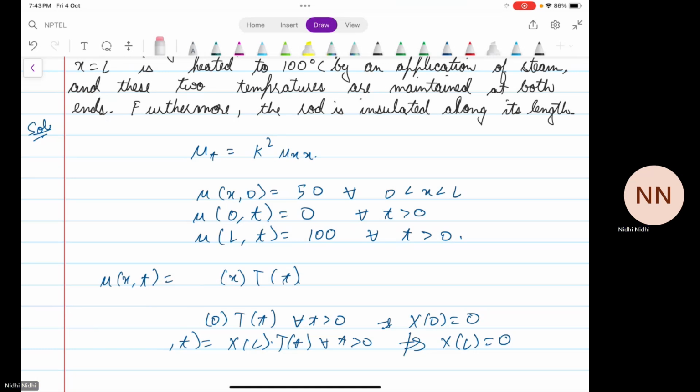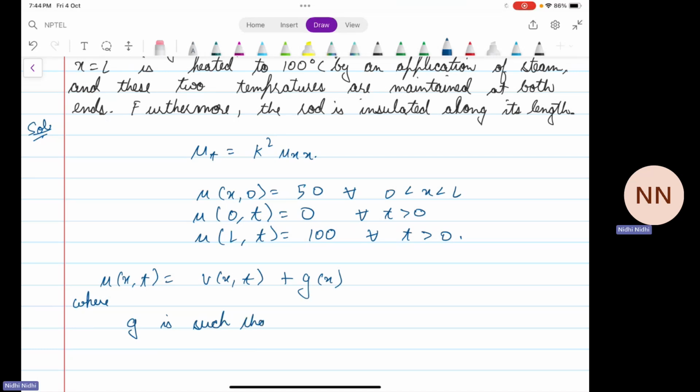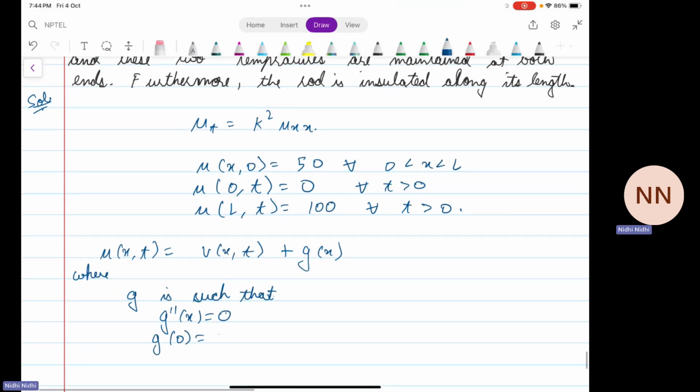So instead we will try to find a solution to some other problem that is similar to what we have been solving till now. We take u(x,t) to be equal to v(x,t) plus some function g(x), where g is such that g double dash of x is 0, g at 0 is 0, and g at L is 100.